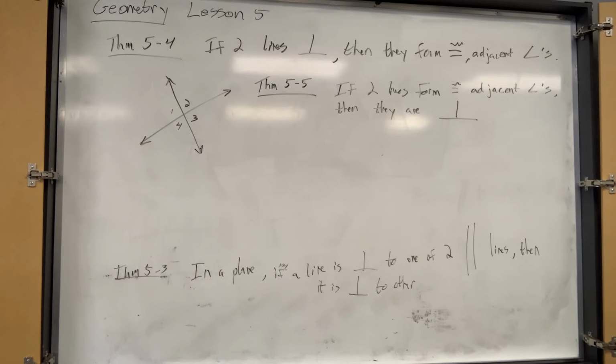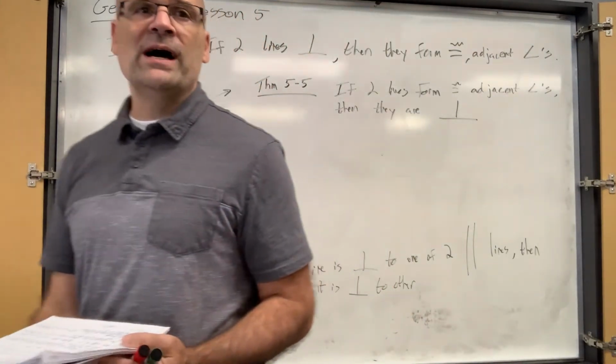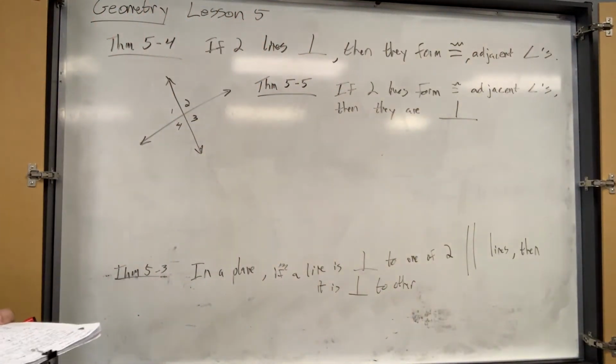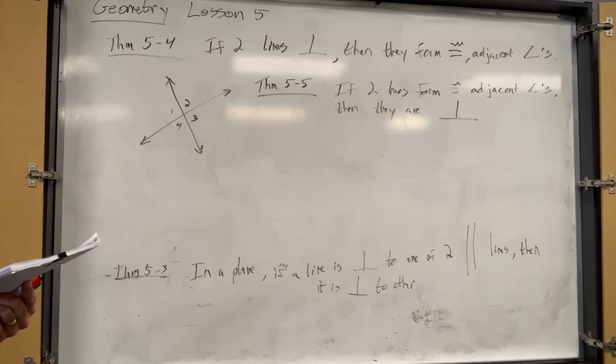What's the difference between 5-5 and 5-4? Yeah, it's backwards. Later we're going to realize that this is called a converse theorem. Converse is just when you switch the if and then. So if this is true, then this is true. Converse is if that second thing is true, then the first thing is true. So see how 5-4 and 5-5 are pretty much the same theorem. They're just converse of each other.